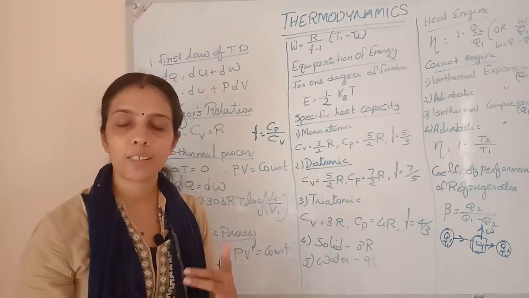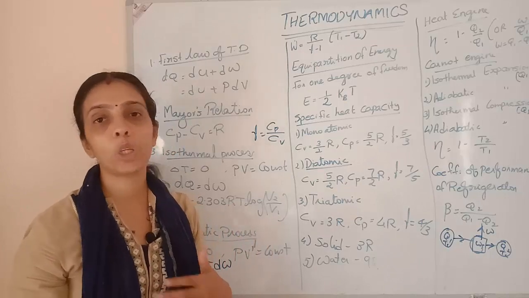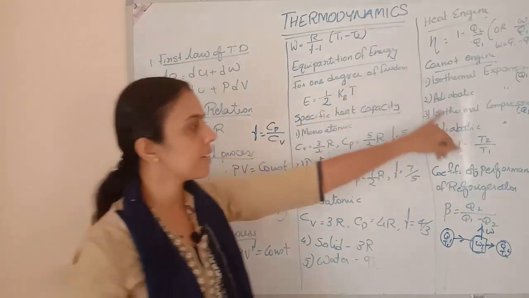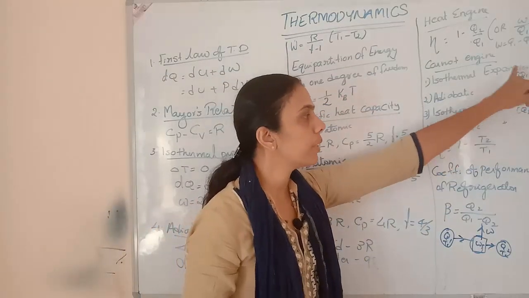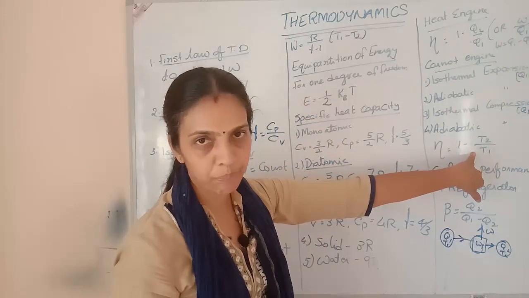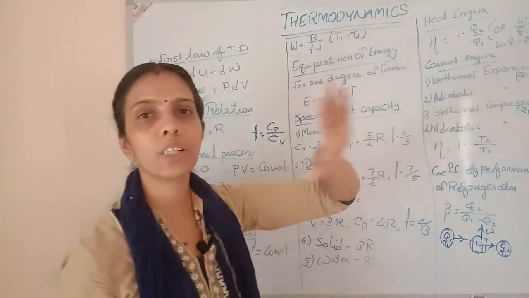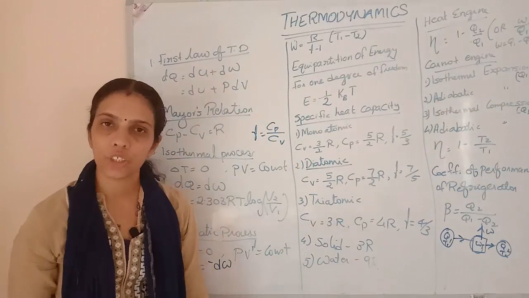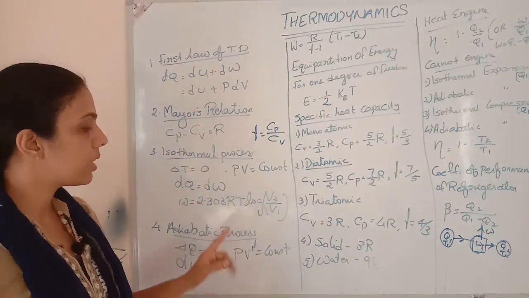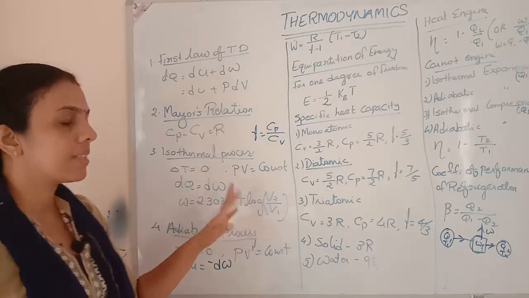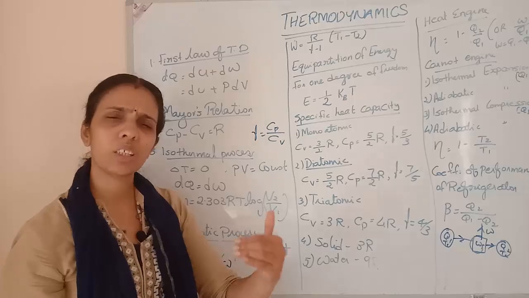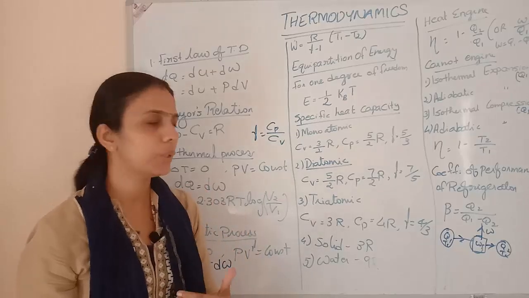Isobaric means pressure is constant and isochoric means volume remains constant. Using the Q2 and Q1 values while deriving, you will get 1 minus T2 by T1. The final expression for efficiency of a Carnot engine is 1 minus T2 by T1. There you will also use the equation PV to the power gamma is a constant, then only can you reach the final result. That we explain in detail in the regular videos.